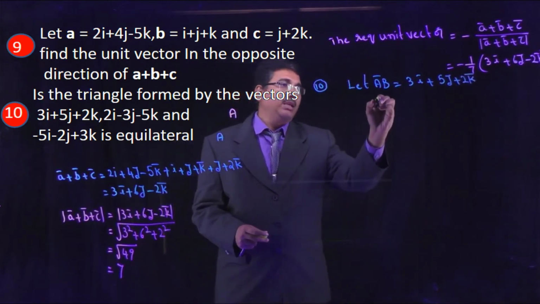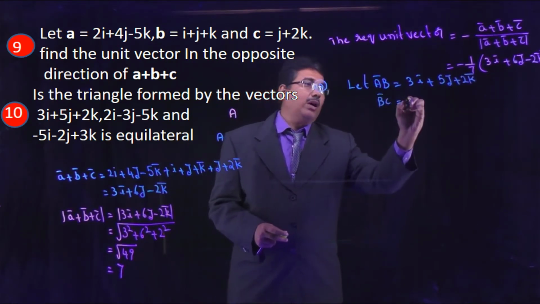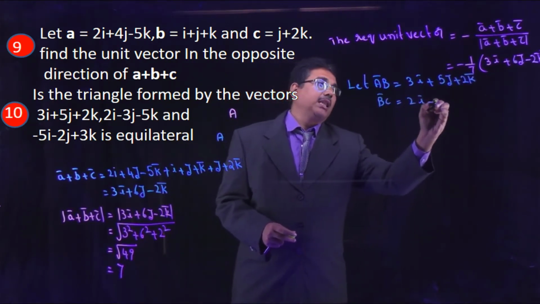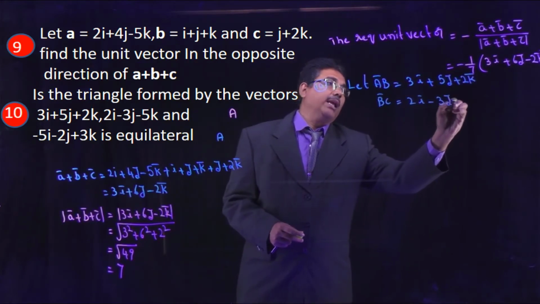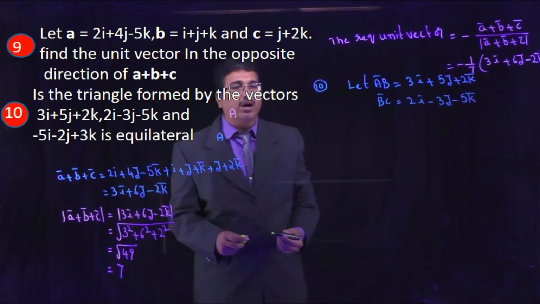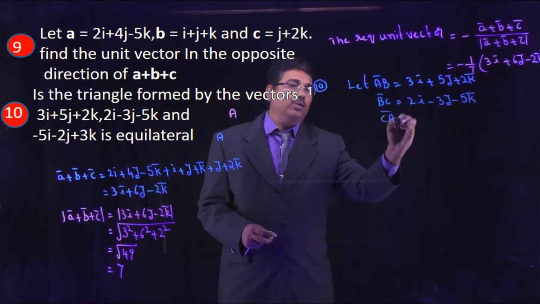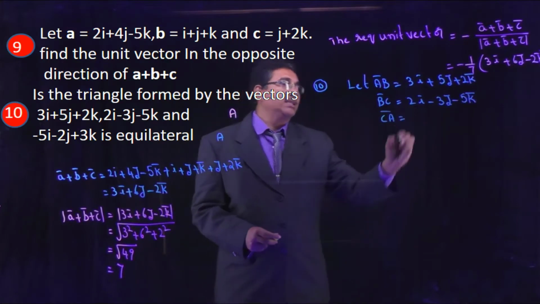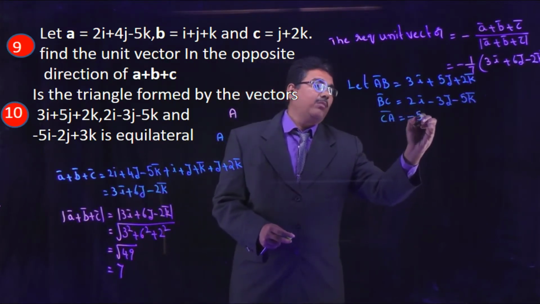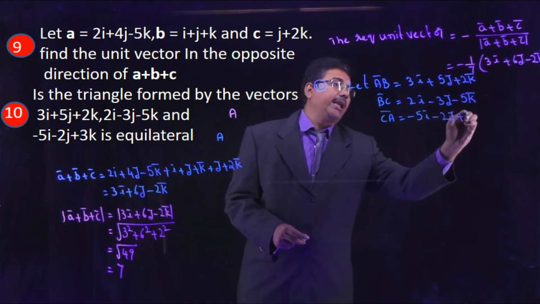Next, BC bar is equal to 2i bar minus 3j bar minus 5k bar, that is BC bar. Now CA bar is equal to minus 5i bar minus 2j bar plus 3k bar.